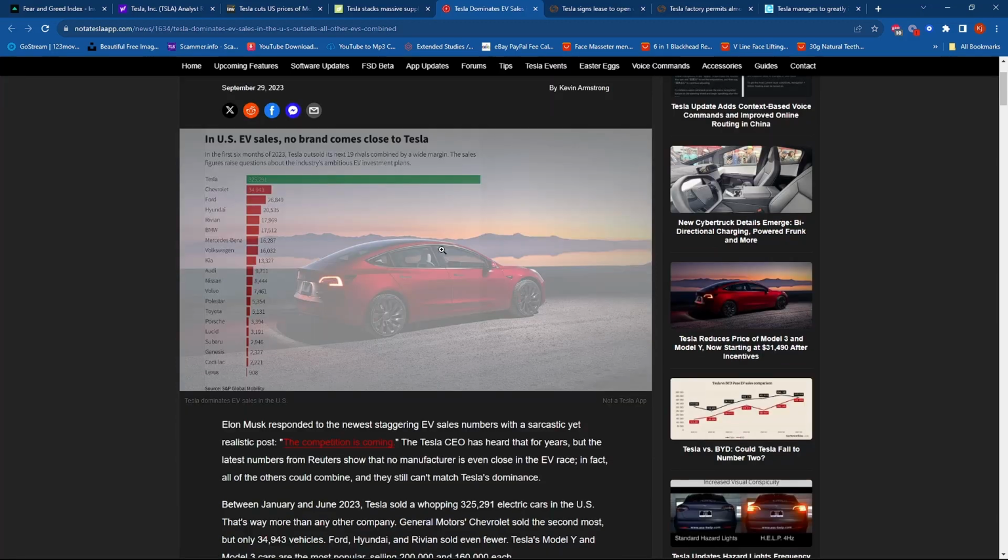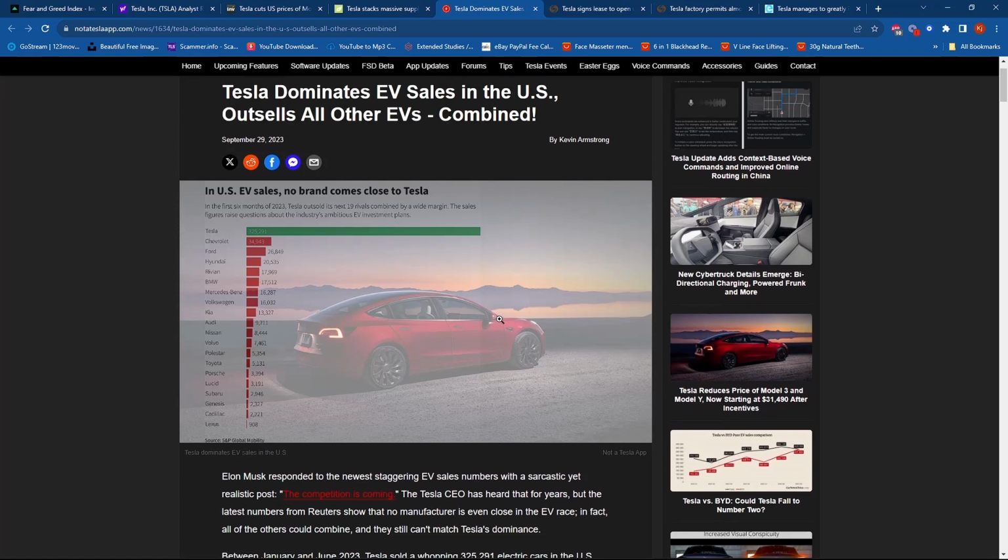It's pretty huge numbers, and with the earnings, I think they're possibly going to report more. Hopefully they do. I feel like they will, especially with all the expansion that they've created.